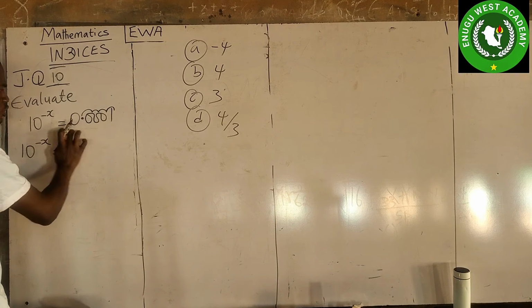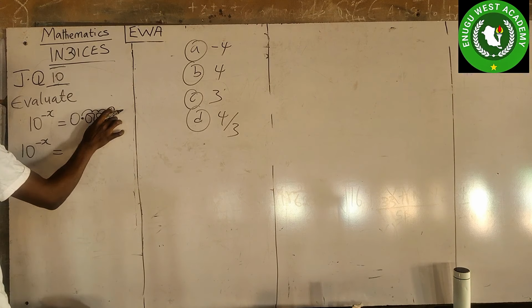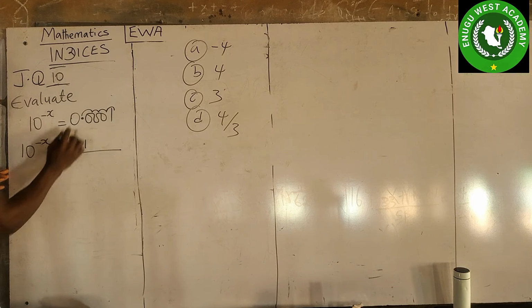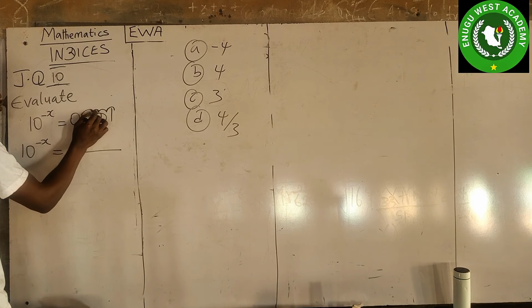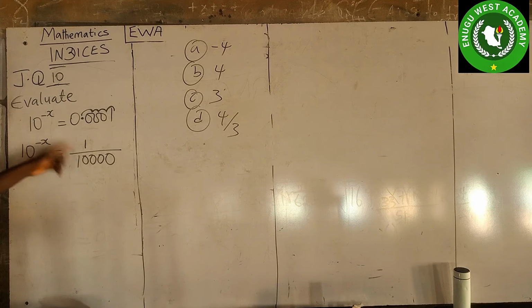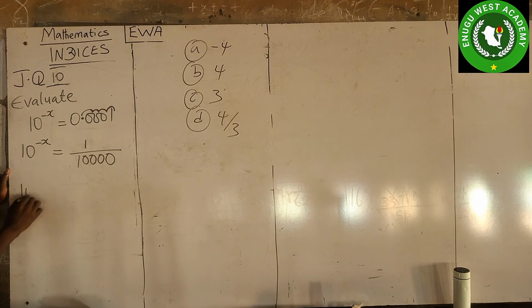Now, which number are you seeing here? You are seeing 1 as a number. We will write 1 over, and when we count 1, 2, 3, 4, just write 0, 0, 0, 0. How many 0 now? 4 zeros. And put 1. So it means 1 over 10,000.